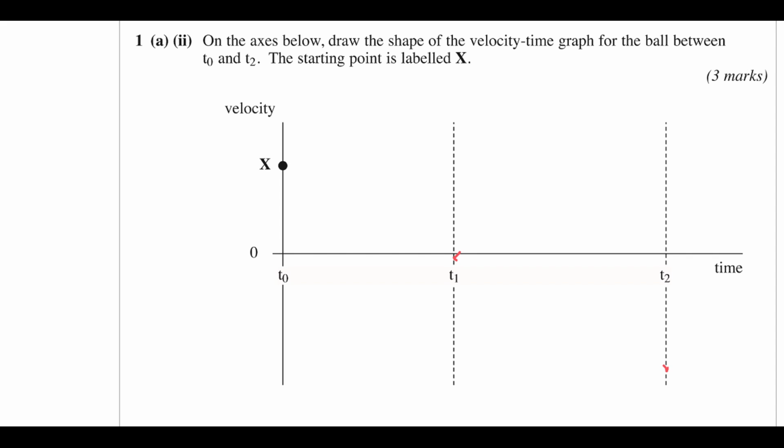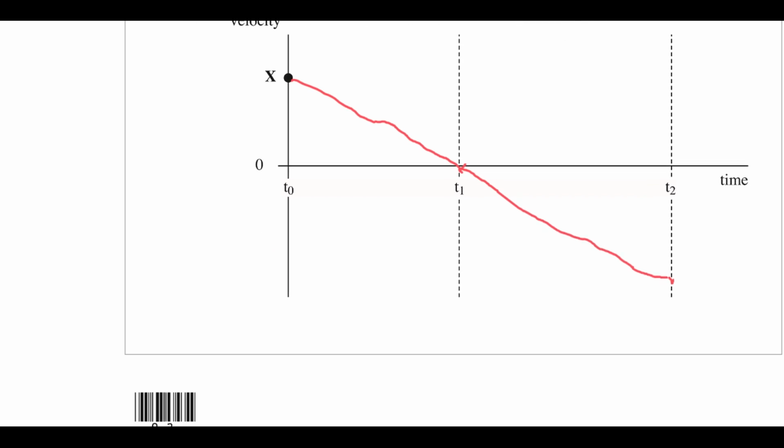This line might not turn out too straight because it's difficult on my screen, but let's have a go. Okay, so this is meant to show a straight line graph going through 0 at t1 and then ending up at a slightly larger speed compared to this one over here. Okay, so that's the graph.